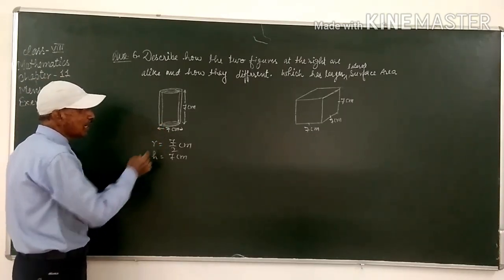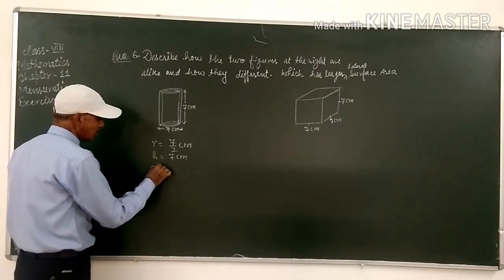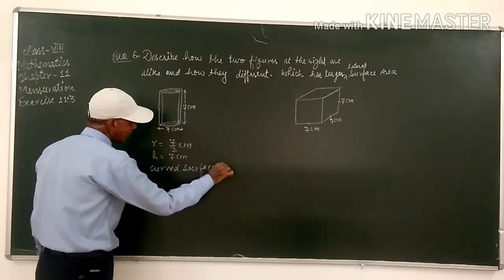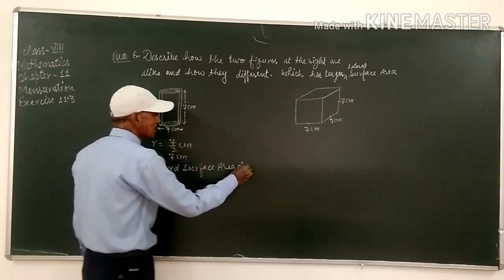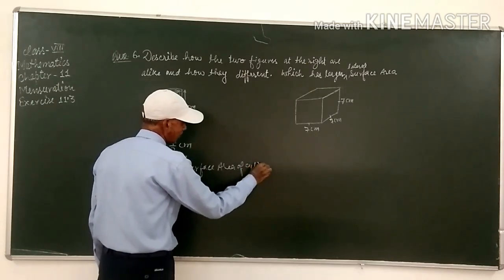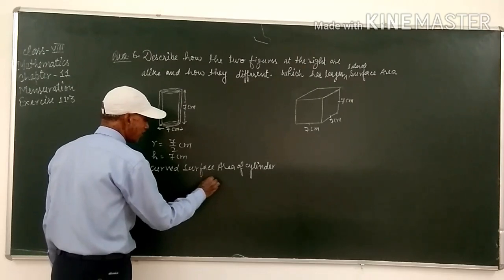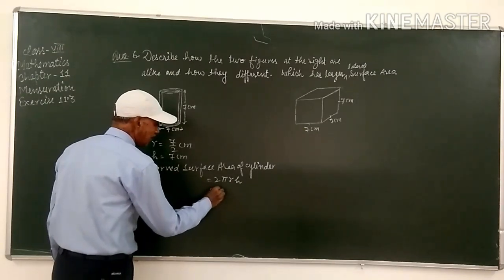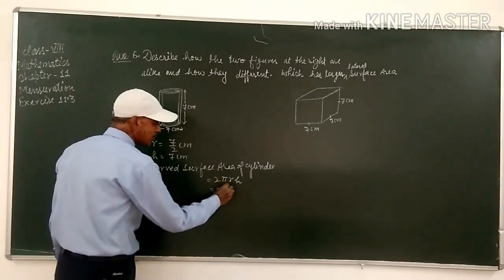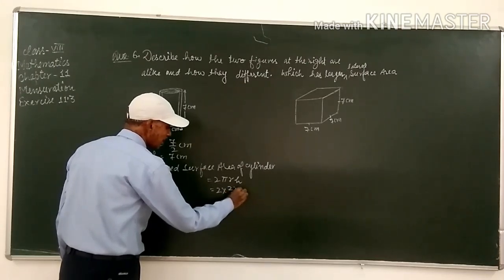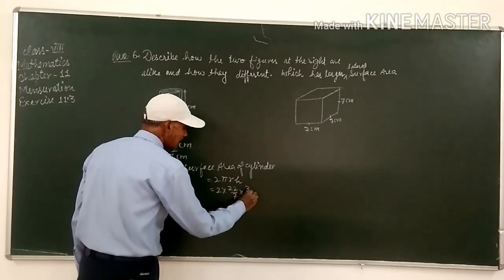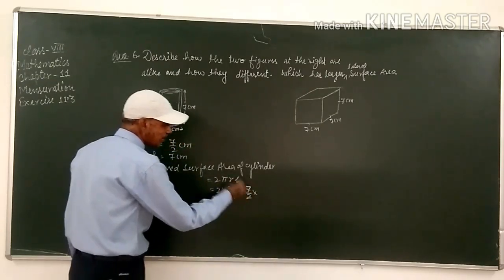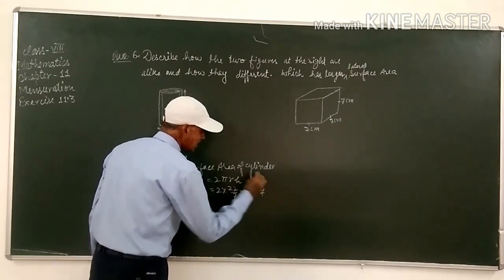Now the curved surface area of cylinder, that is 2 pi r h, and it will be 2 into value of pi, 22 by 7, radius that is 7 by 2, into height of this, that is 7.